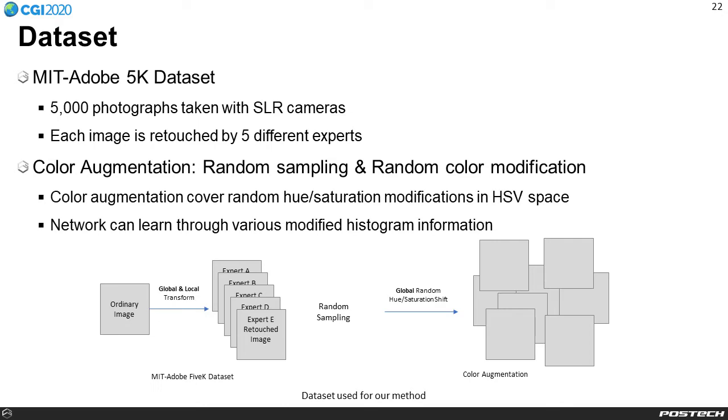To train the network, we used the MIT Adobe 5K dataset, which consists of 5,000 photographs, in which 10,000 original images are retouched by 5 different experts. For our model to be exposed to more various colors, we further augmented colors of the dataset.